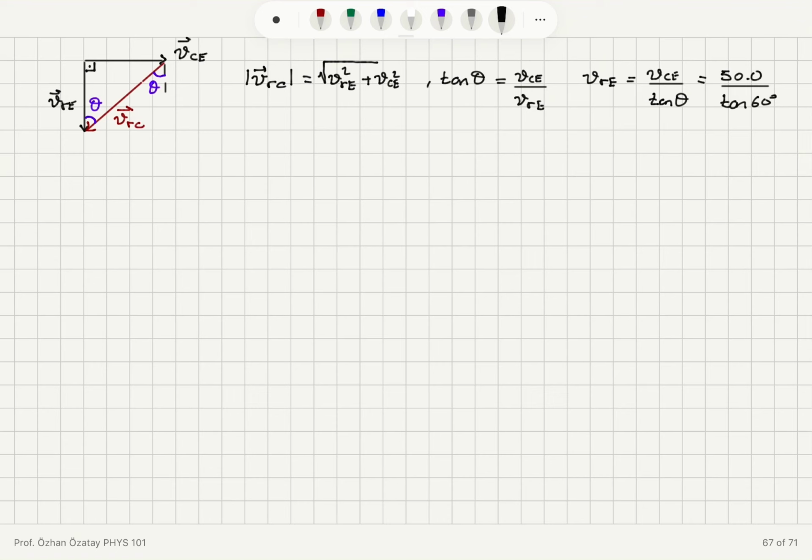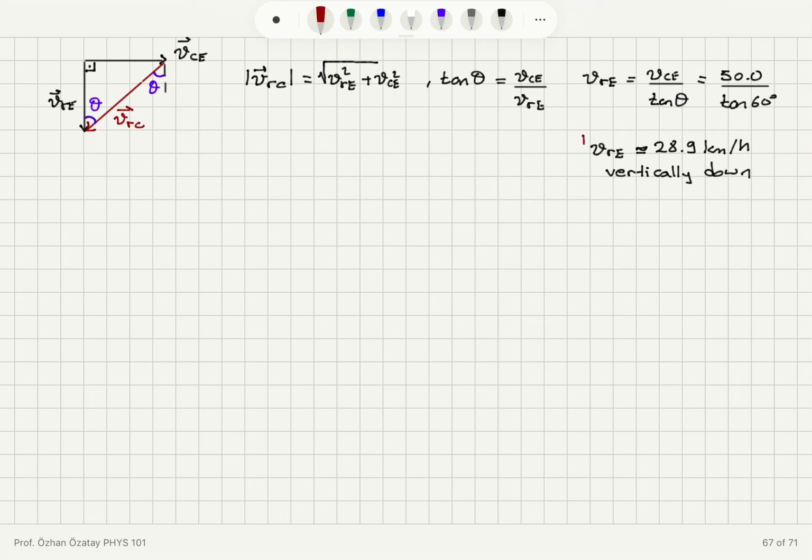So this tells us that the velocity of the rain with respect to the Earth has a magnitude 28.9 kilometers per hour, and it is vertically down. This was given in the problem.